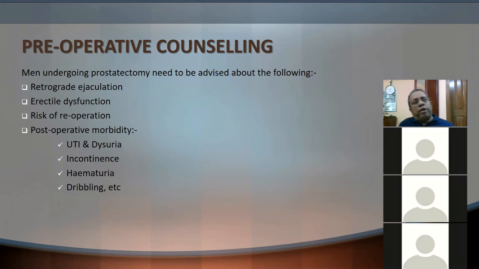There is the risk of reoperation. Reoperation means sometimes you do the TURP, and during TURP the tissue is cut from the neck to the veru. During surgery you do continuous irrigation, so tissue is compressed outwards.